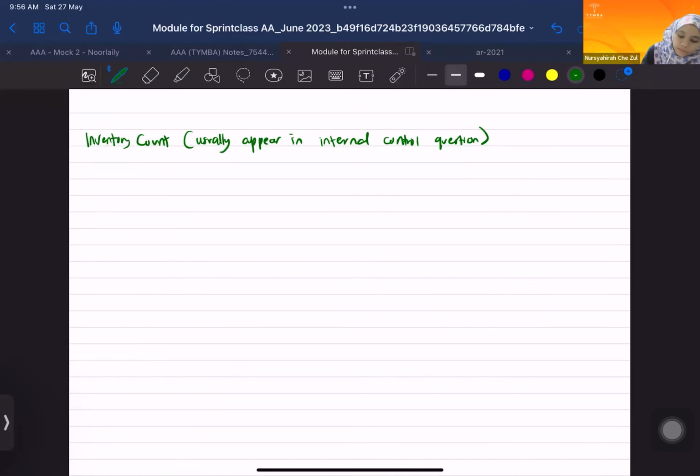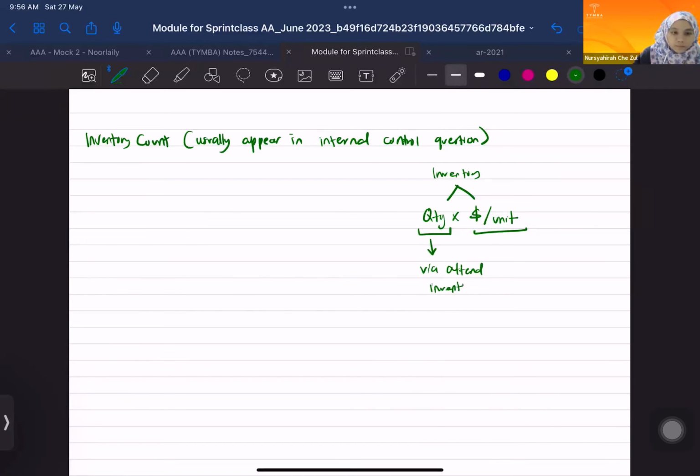So when it comes to inventory, it is in the FS as quantity times price per unit. For price per unit, of course, we are going to look into the invoice and so on. But when it comes to quantity, the auditor is going to verify this by attending the inventory count.